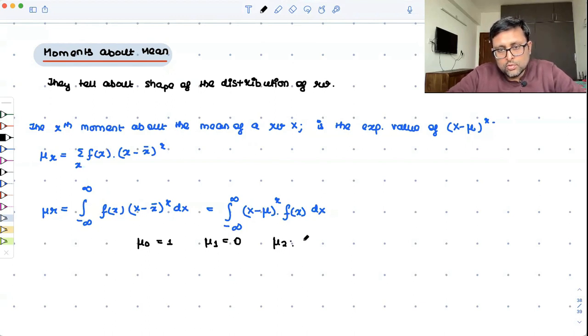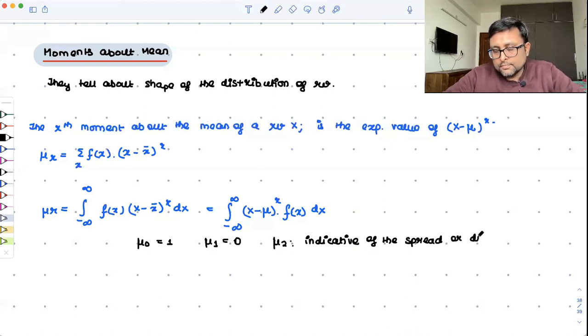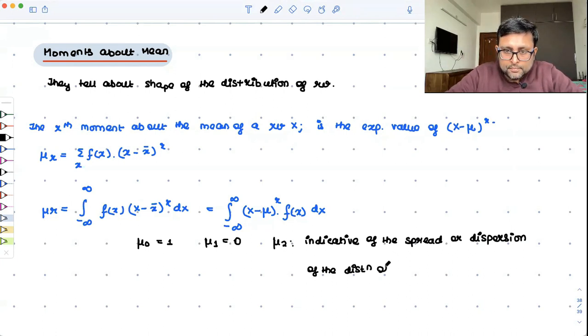So mu 2 is indicative of the spread or dispersion of the distribution of a random variable, right?